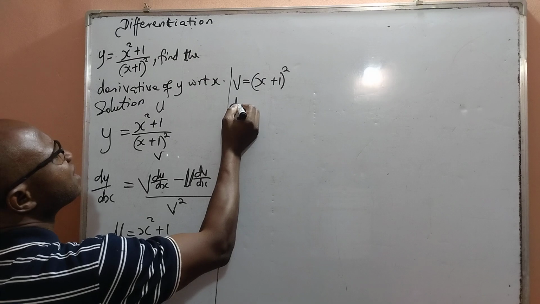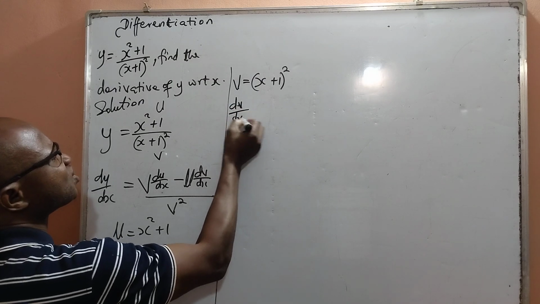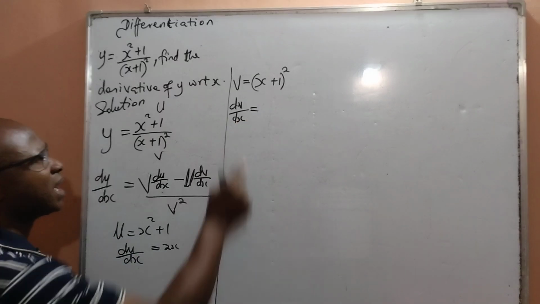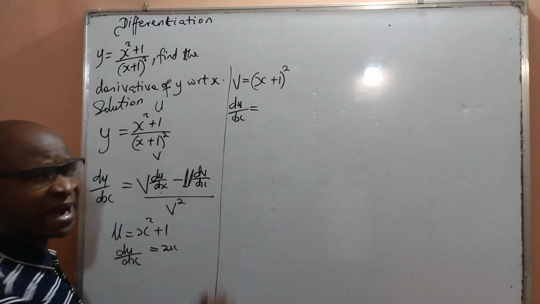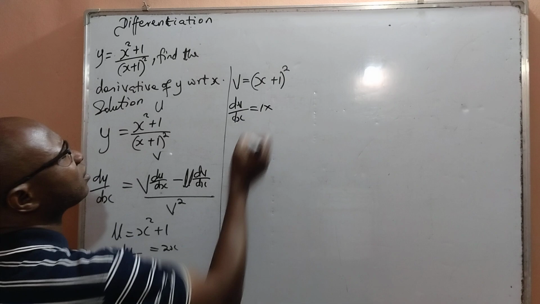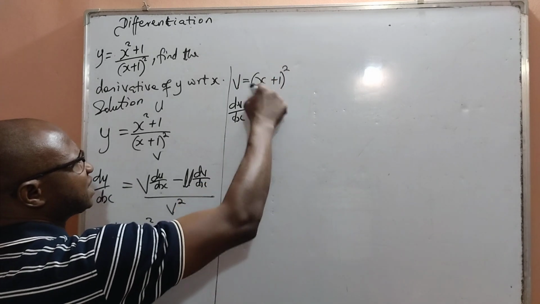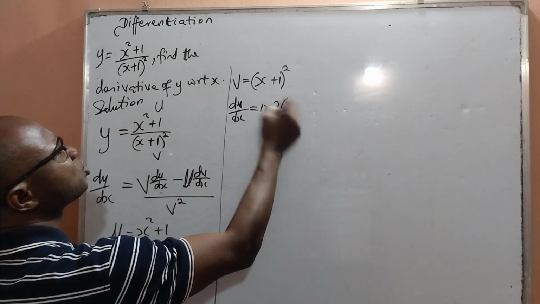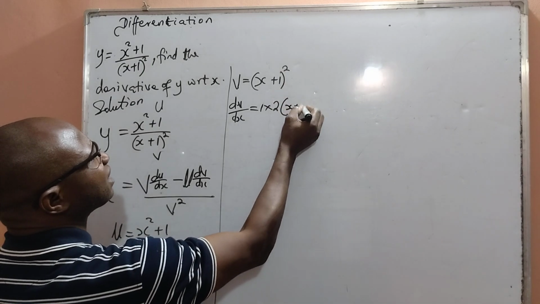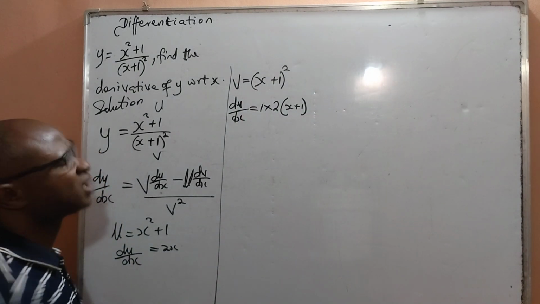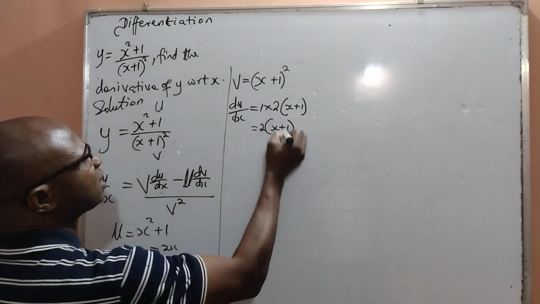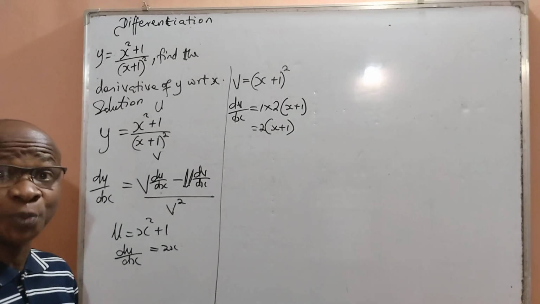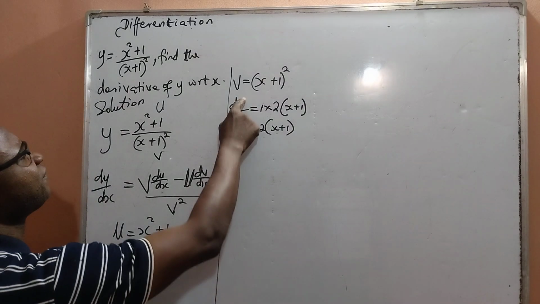I will differentiate the inside of the bracket, which gives 1, multiplied by differentiating the outside, which gives 2 into what is inside, raised to power 1. Therefore, dv/dx is equal to 2 into (x plus 1).